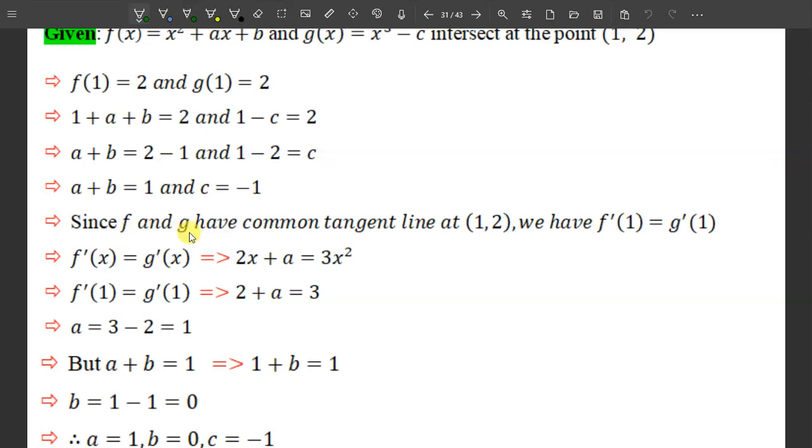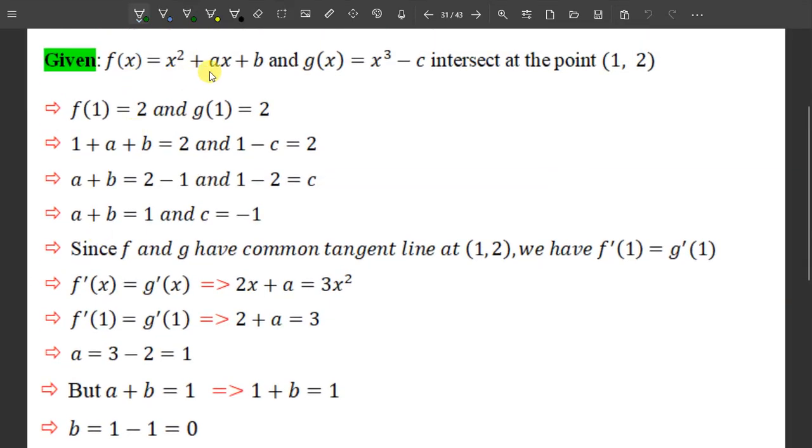Since f and g have a common tangent line at 1 and 2 at this point, we have f prime of 1 is equal to g prime of 1, and therefore first derive f of x. The derivative of f of x is 2x plus a, and the derivative of g of x is equal to 3x squared.